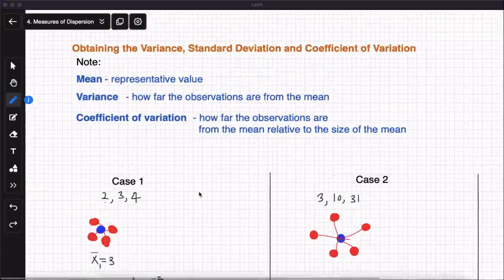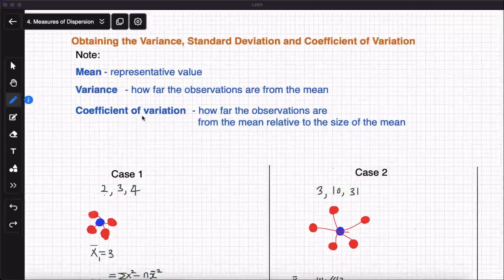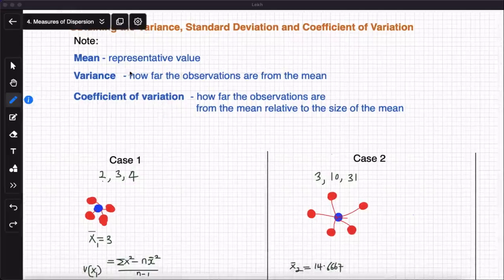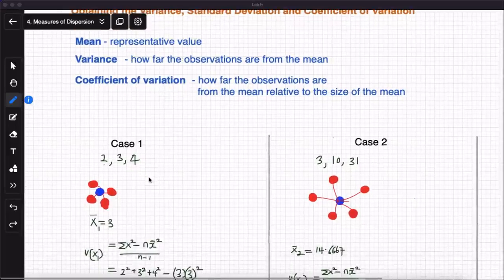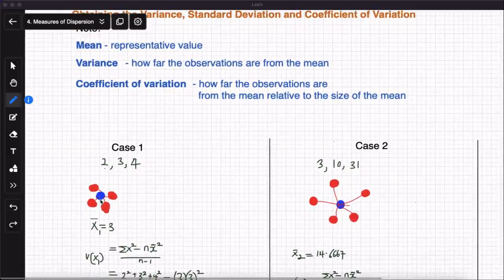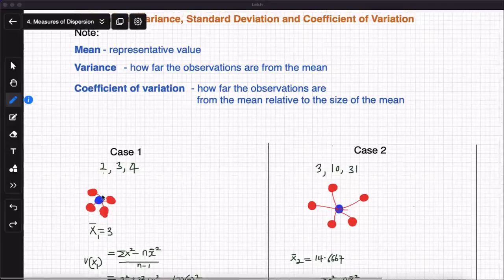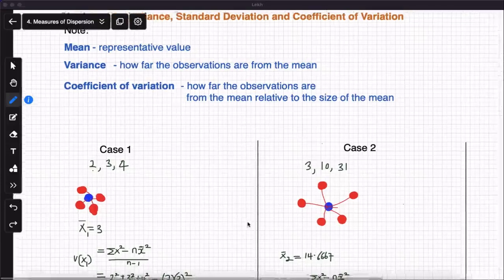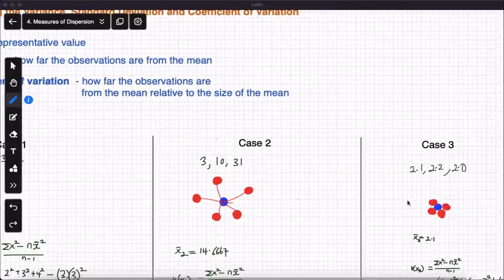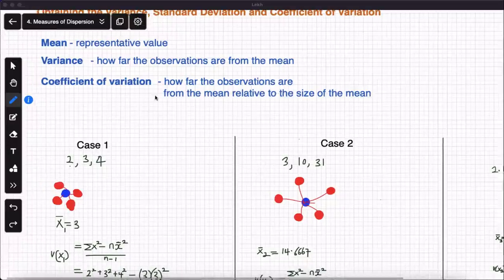So far we have looked at the variance, standard deviation, coefficient of variation, and range. Let's look at what the mean tells us. The mean is a representative value, and I've used the blue marker here to denote the mean. The variance tells us how far apart the observations are from the mean.